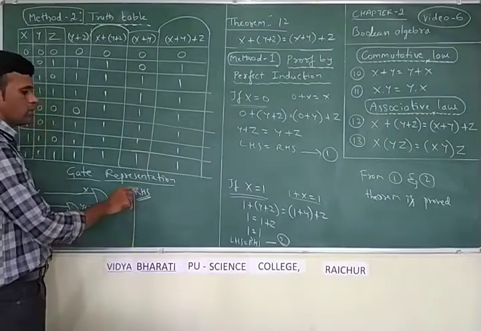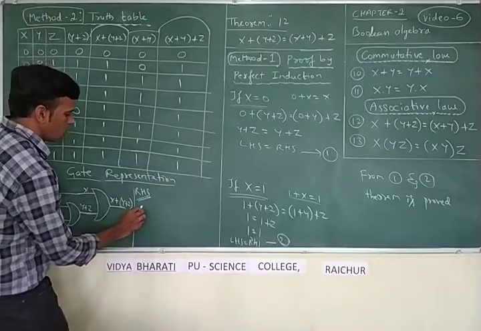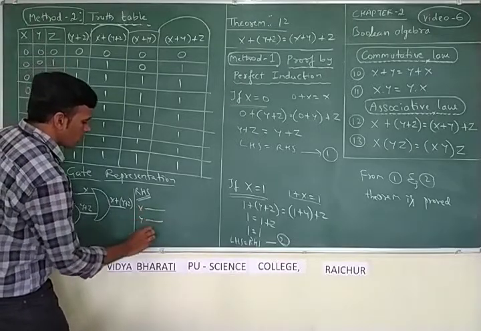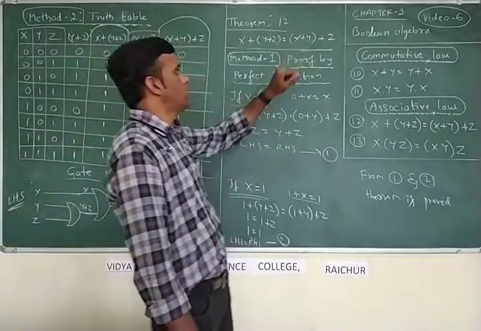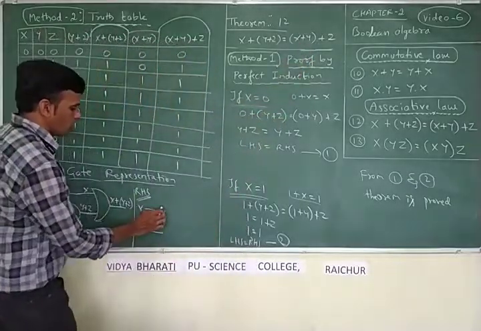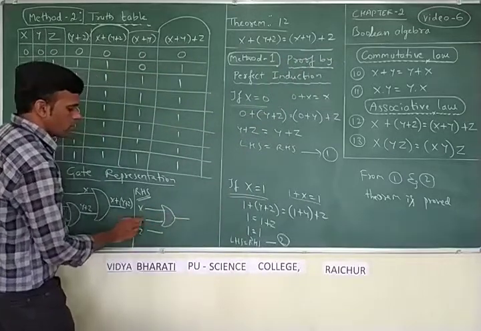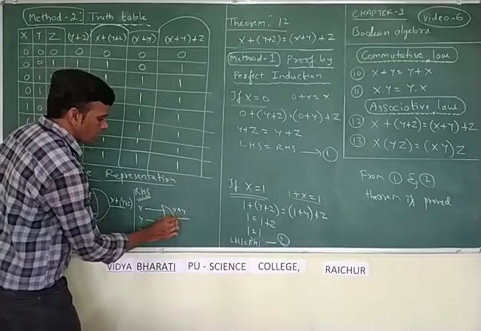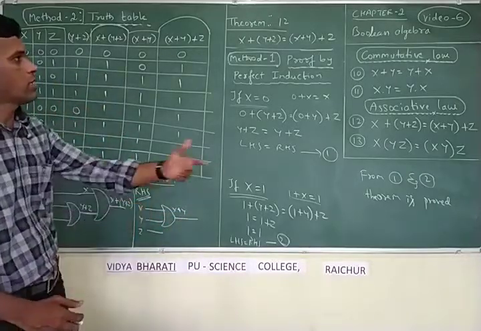Now we will consider the RHS part. Again three variables x, y and z. First we will go for x plus y because of the bracket. Between x and y, an OR gate. So x plus y is going to be an input signal for the next level gate.